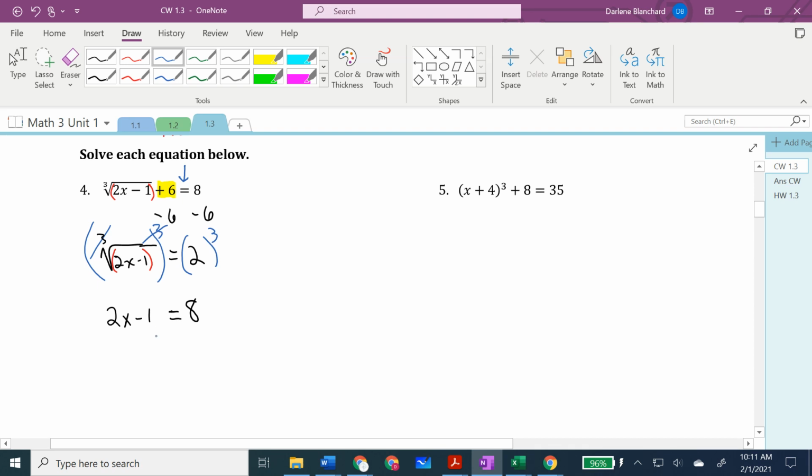Anyway, now this one is pretty straightforward. Add 1 and then divide by 2. Over here on number 5, the addition of 8 is the weakest operation, so I first subtract 8 from both sides. Then I will have 27.